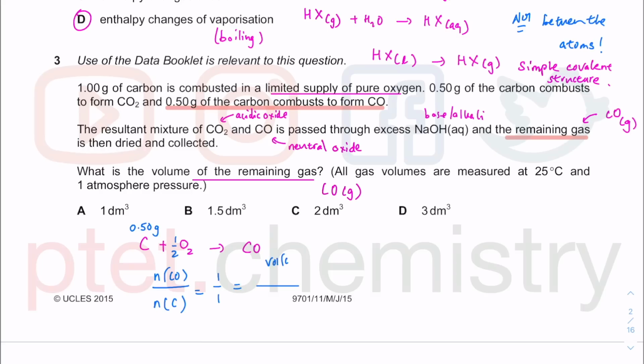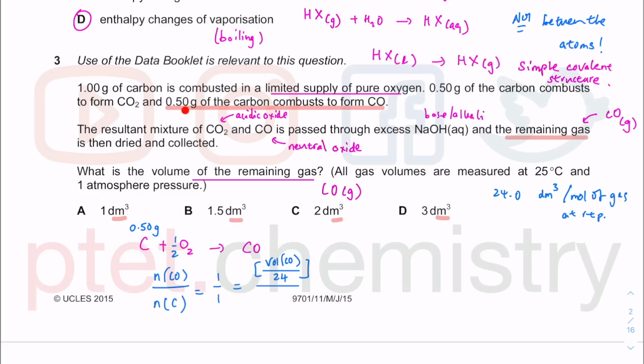The volume of the CO is relative to the molar volume, which is 24.0 dm cube per mole of gas at room temperature and pressure, according to your data booklet below the periodic table. So the volume of the gas in dm cube, according to the answer and the options given here, divided by 24.0 dm cube per mole is going to tell you the mole of the CO gas that comes from these reacting masses.